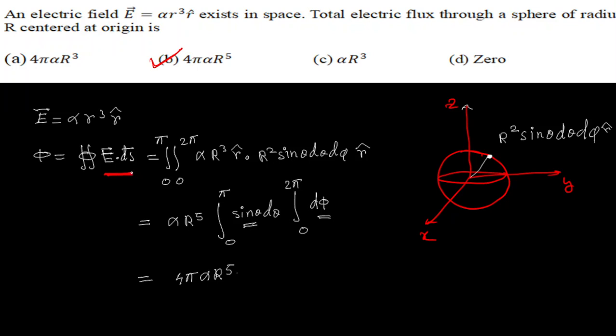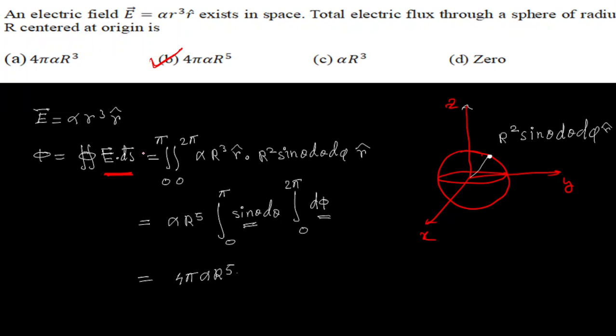But sometimes the examiner gives the electric field in terms of the rectangular coordinate system, and then gives a spherical surface and asks what will be the total flux through it. Or instead of a spherical surface, the examiner can give you a cubic surface.